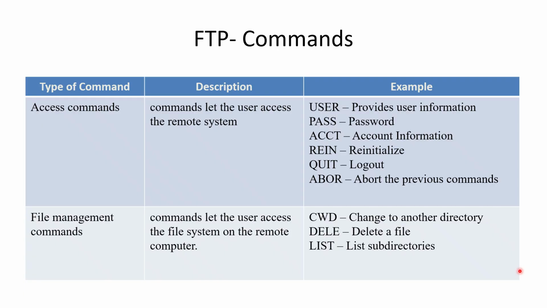On the other hand, file management commands are used to access and control the file systems on the remote computer. This includes actions like creating, deleting, renaming, or transferring files and directories.